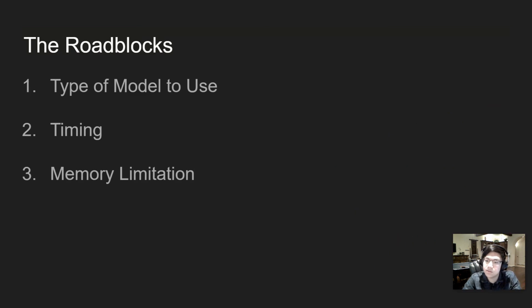So here are a couple of the roadblocks that I mentioned before that I ran into while I worked on the product. The first problem was what type of model to use. There are a variety of models to implement in the machine learning community, all of them with their comparative accuracies, advantages, and disadvantages.